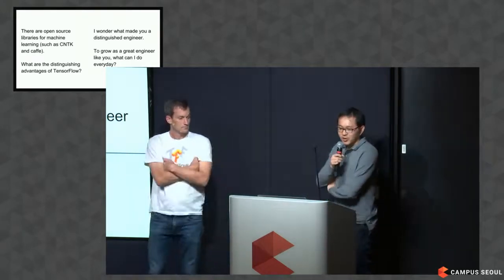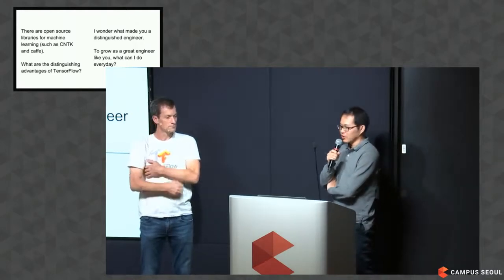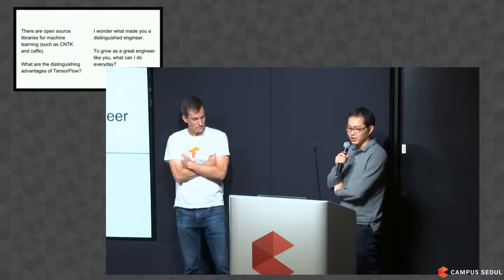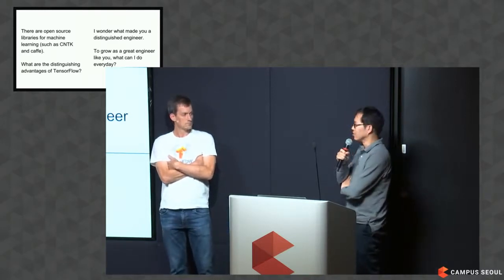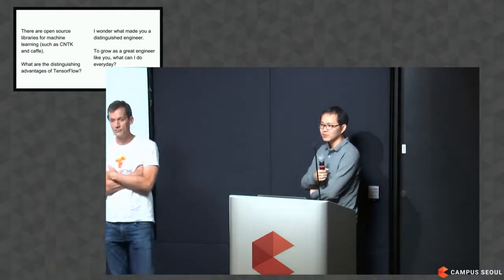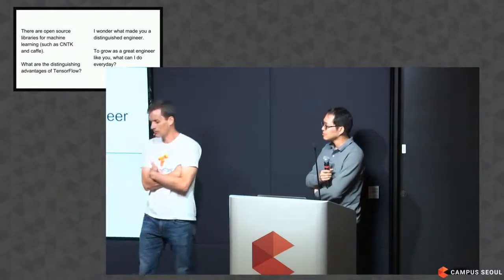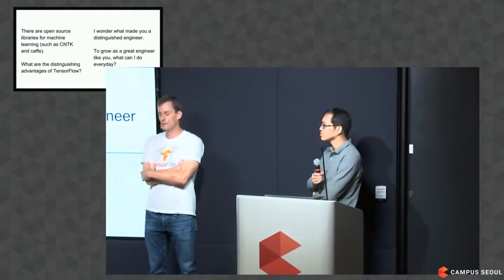Next question. There are so many open source libraries for machine learning, such as CNTK and Caffe. So what are the distinguishing advantages of TensorFlow? Sure. There are certainly quite a few different open source packages. Some that aren't mentioned are Theano and Torch as well.